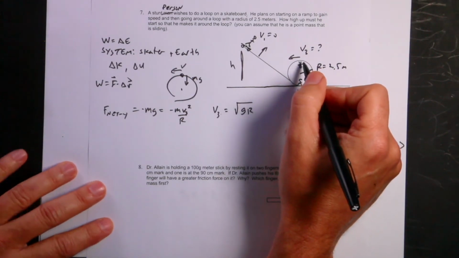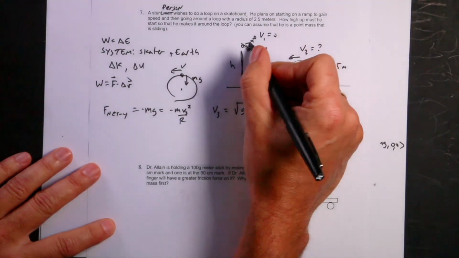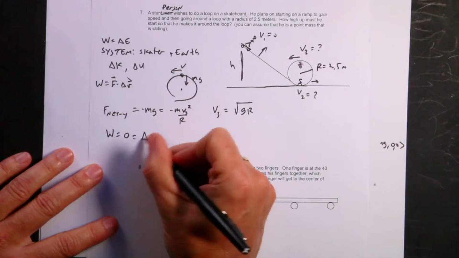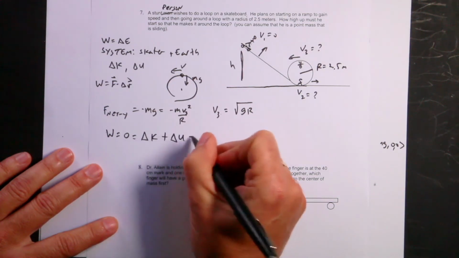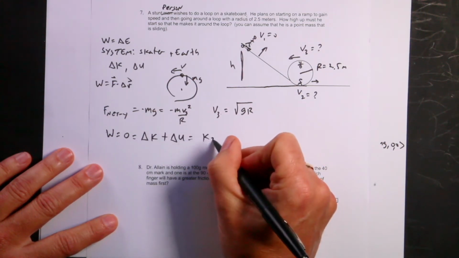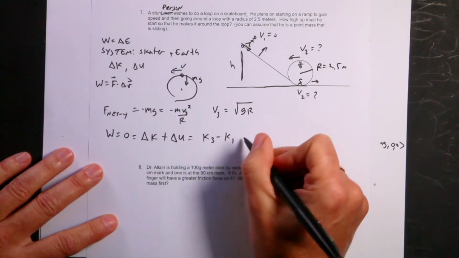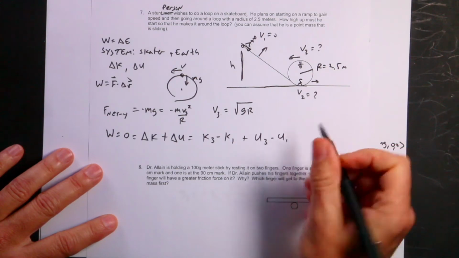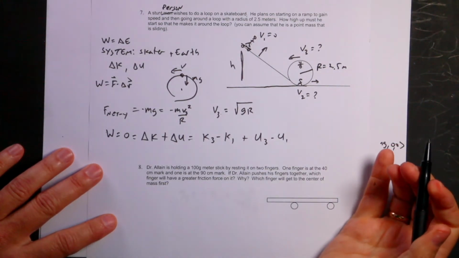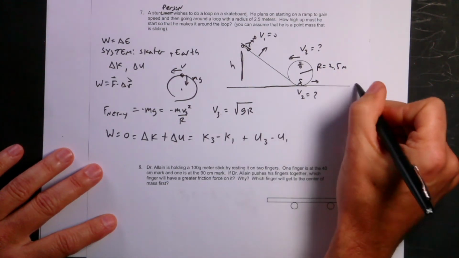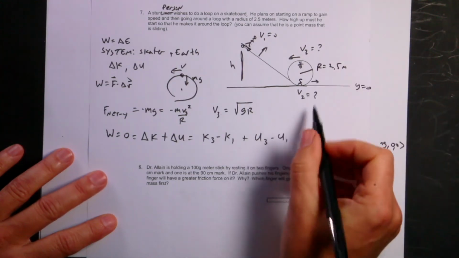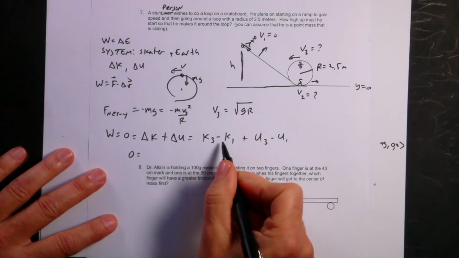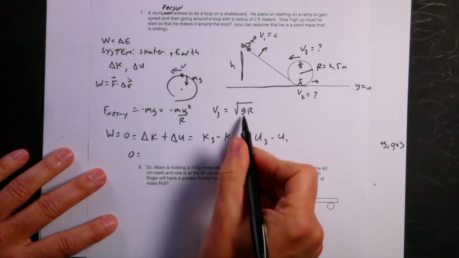Now I can use the work-energy principle. Going from position 1 to 3, work equals 0, and that's going to be the change in kinetic plus the change in potential. So it's K3 minus K1, the kinetic energy, plus U3 minus U1. Now I need to pick where y equals 0. Let's pick down here as y equals 0. So I get 0 equals K3, which I know because I can put in my velocity up there.